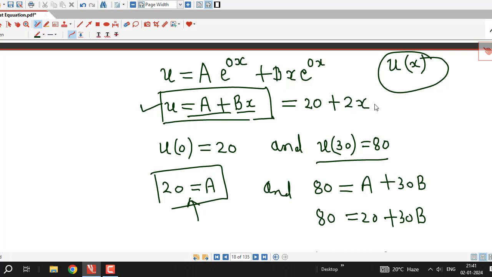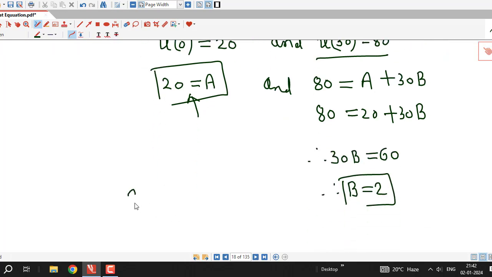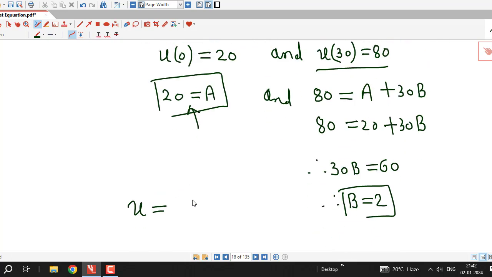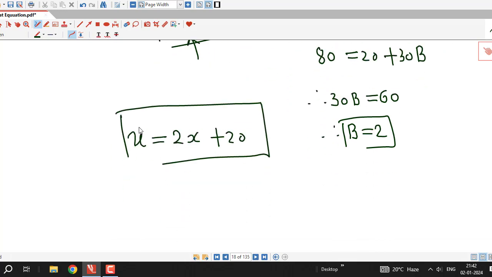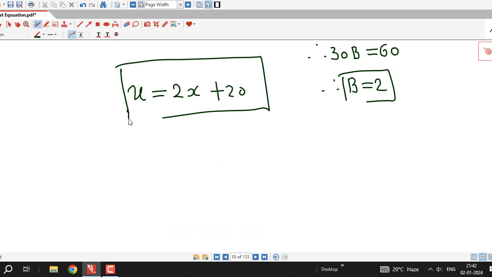So during the steady state situation the function u is 2x plus 20. This is the solution of the heat equation in the steady state situation. So we can say that the value of u is 2x plus 20 at the initial time, say t equal to 0.